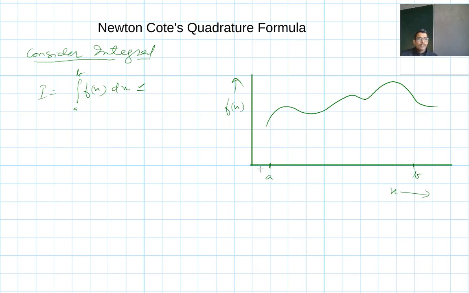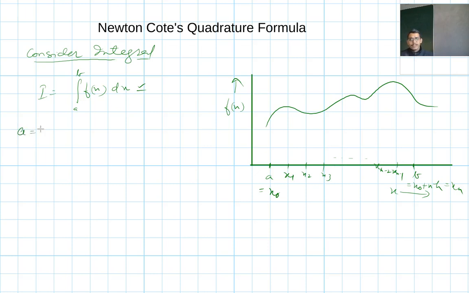Suppose we are interested to find out the integral from a to b, and let us call a as x naught and b as x naught plus nh, which means it is xn. This means we have subdivided this region into n intervals: x1, x2, x3 and so on, xn minus 2, xn minus 1, and xn.